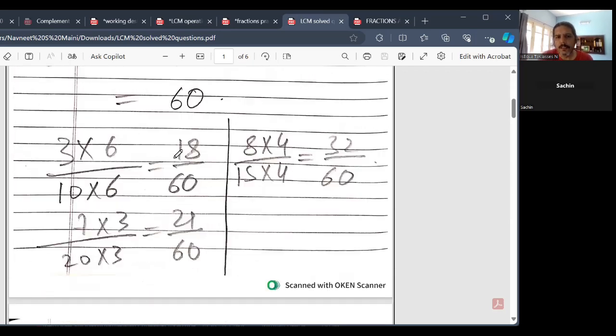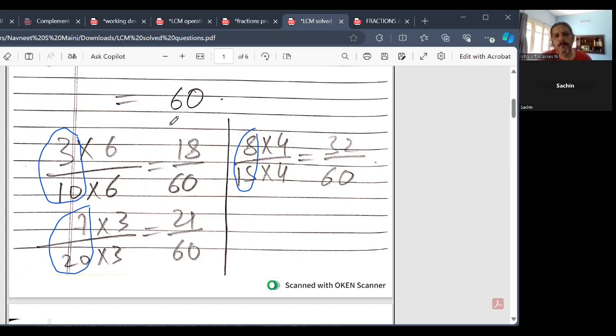Then I took my fractions and reduced all these 3 fractions to denominator 60 by multiplying and dividing by the relevant numbers. Is it correct?